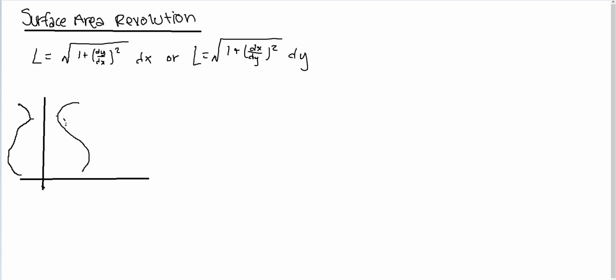I would draw it this way, but our screens aren't three-dimensional, so I can try to use these circles to almost depict it. That would be our surface of revolution. It would look like a vase, with a hollow interior because it's just the surface area.